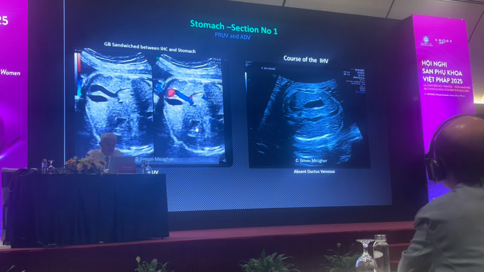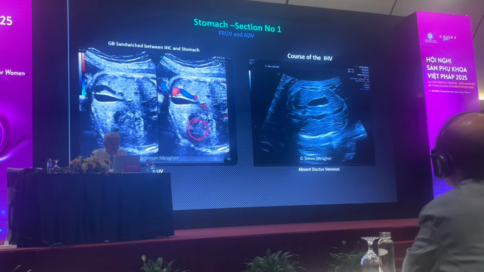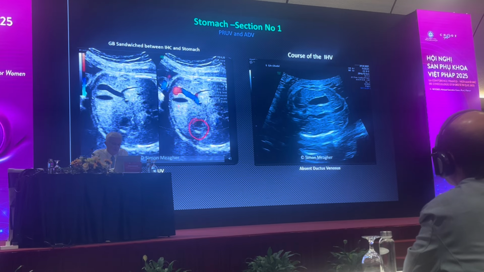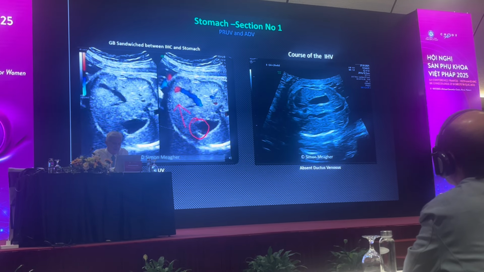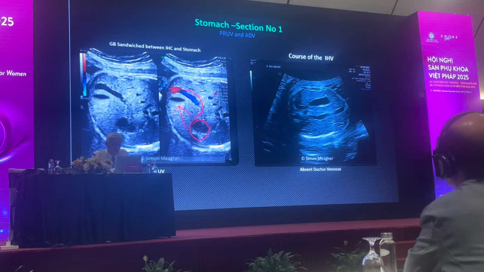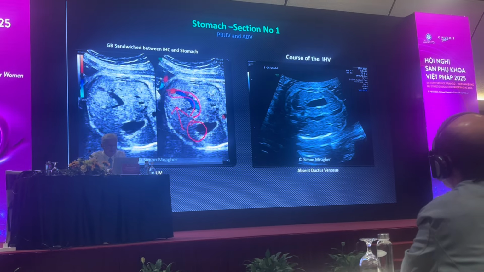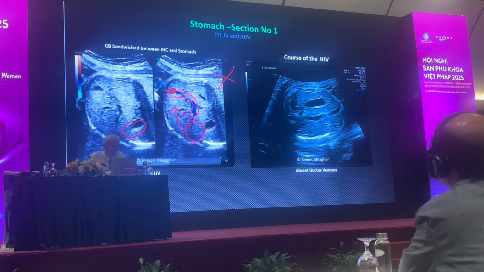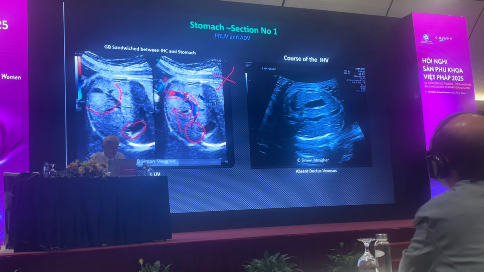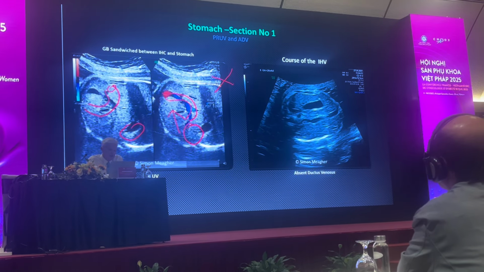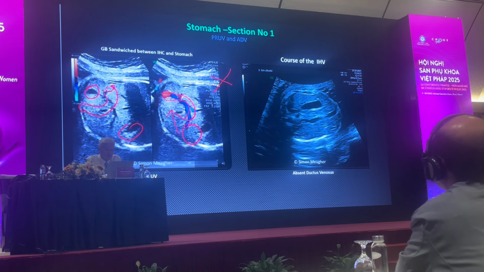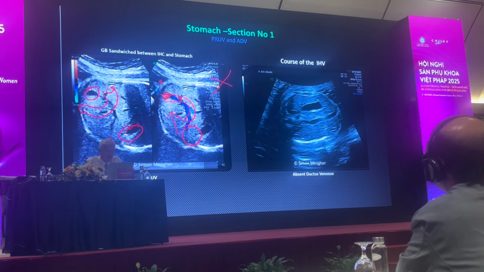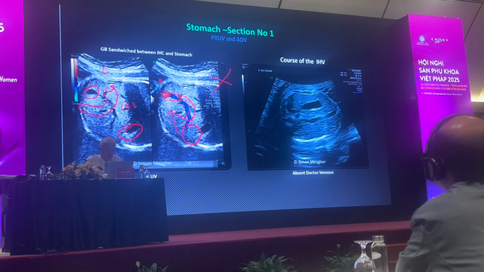In this baby, the stomach is on the left-hand side, and the gallbladder is next seen, and then the intrahepatic vein curves towards the stomach. This is abnormal. Normally, the stomach is here, and the intrahepatic vein curves towards the right, and the gallbladder should be here. So it should be stomach, intrahepatic vein, and gallbladder.